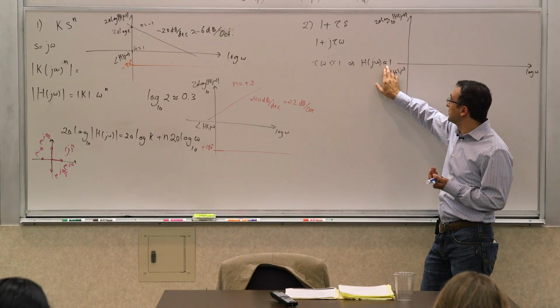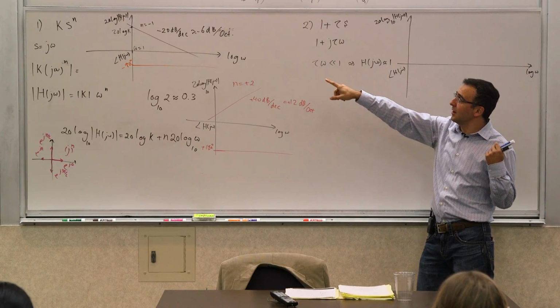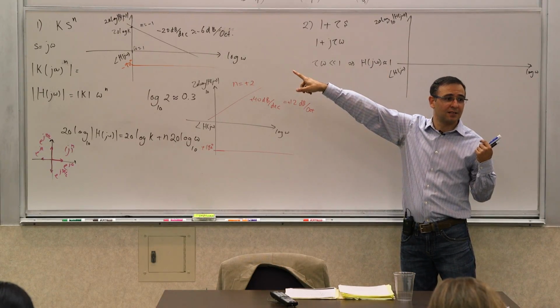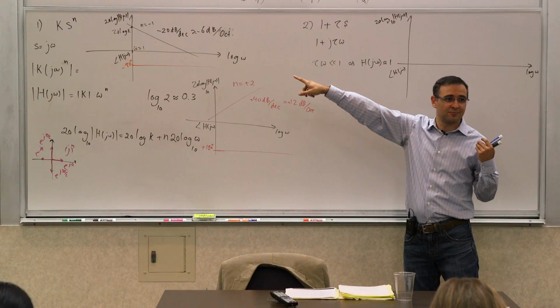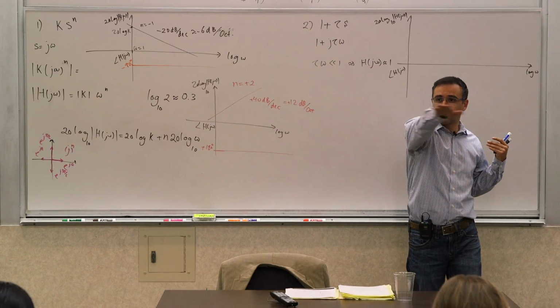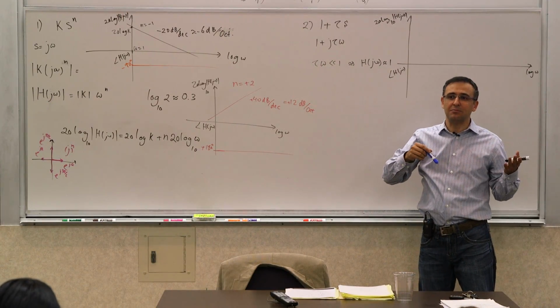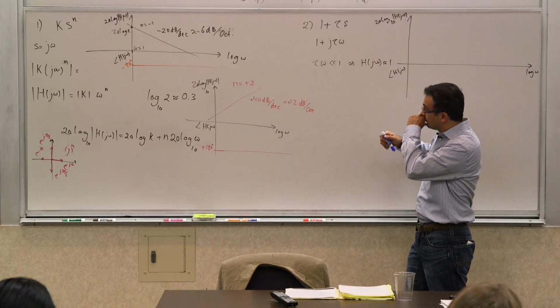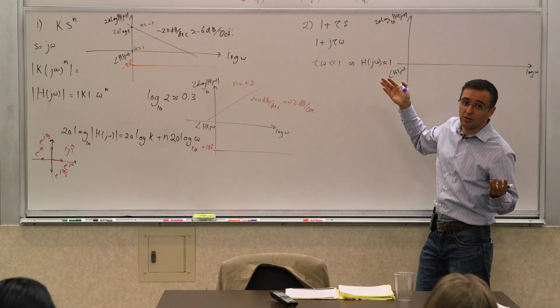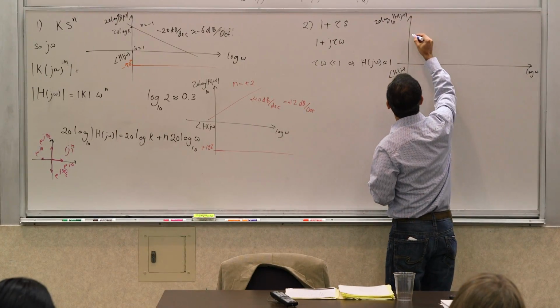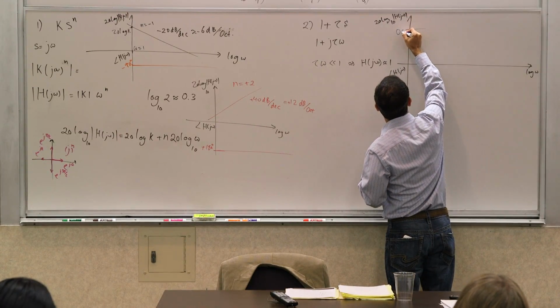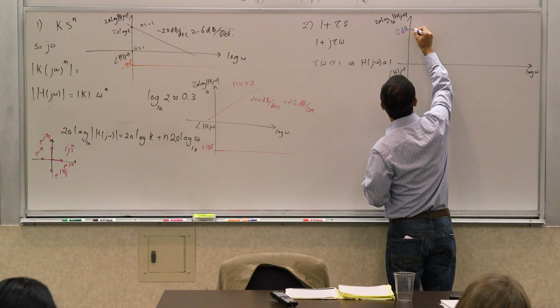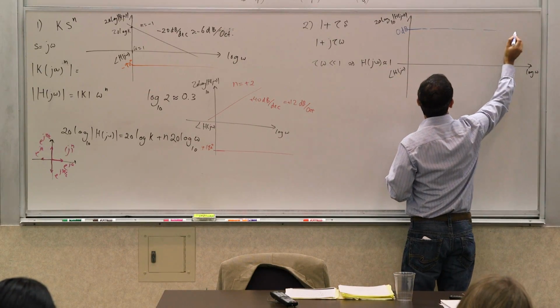The transfer function of 1 is a flat line at 0 dB, right? Because in this case, this is basically 20 log base 10 of 1. I can define my 0 dB to be anywhere I want. So let's start defining it here. So this is one asymptote.